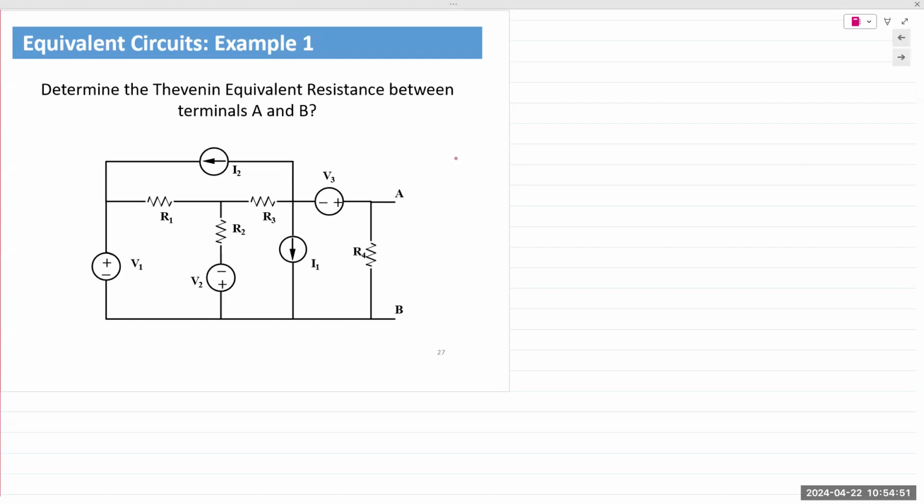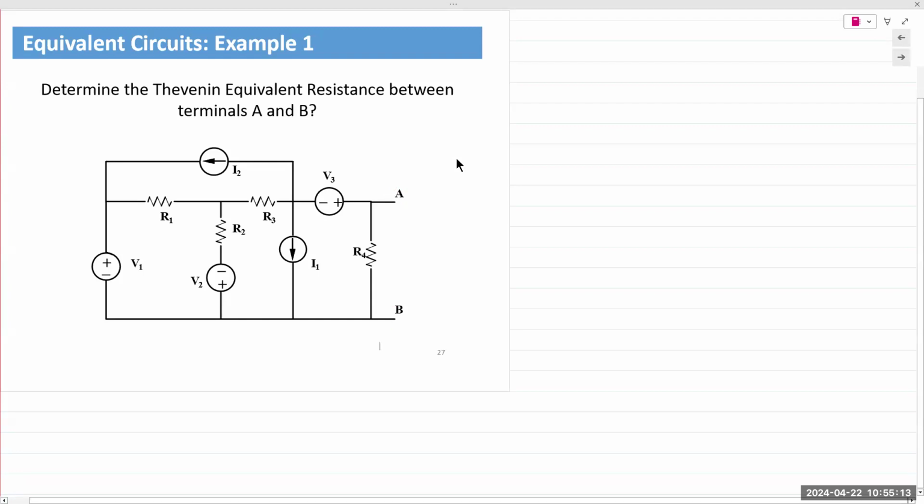If there was a resistor or component connected at A and B, the question might state "as seen by R5" or R6 or something else. Then you would remove that component from your analysis and analyze the rest of the circuit. But here we need to find Req between A and B.